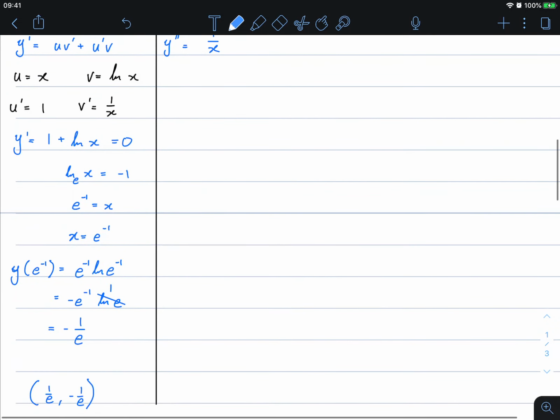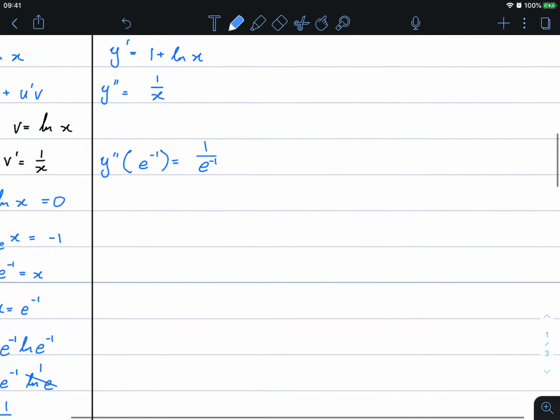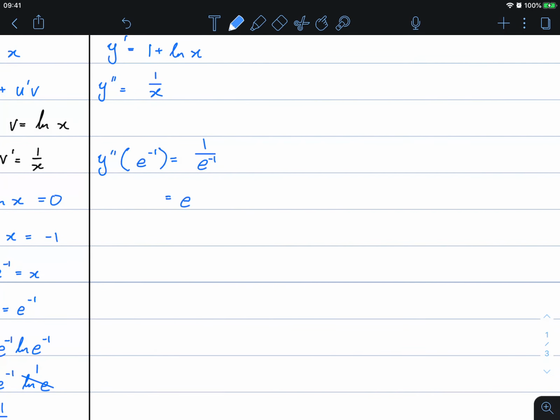Substituting our x value, the stationary point, so y double prime of e to the power of negative 1, that's 1 on e to the power of negative 1, which gives us just e. And that is greater than 0, which means this is concave up. Therefore, this must be a minimum.